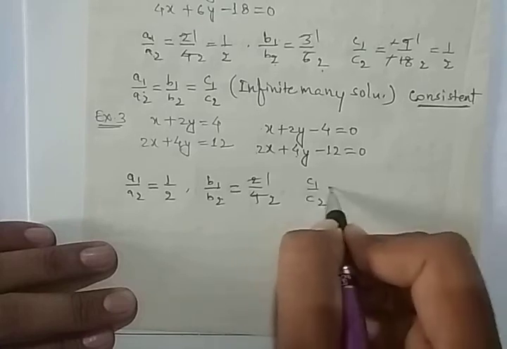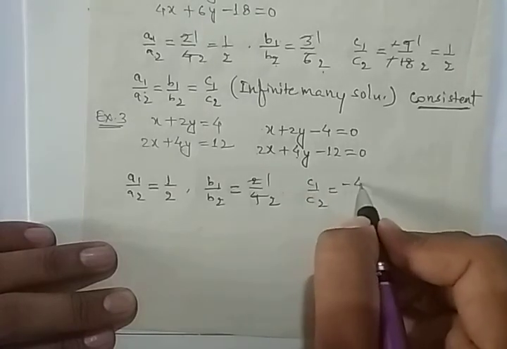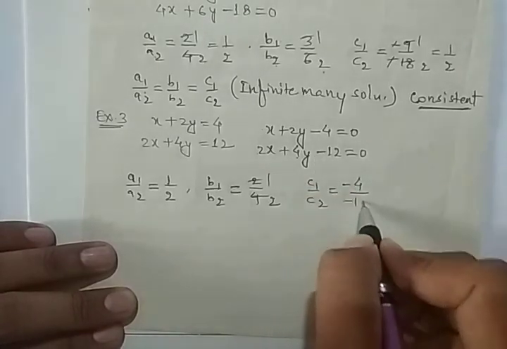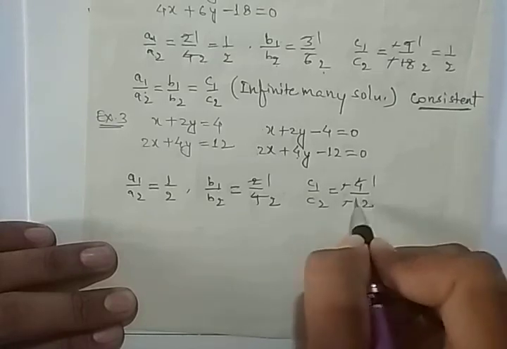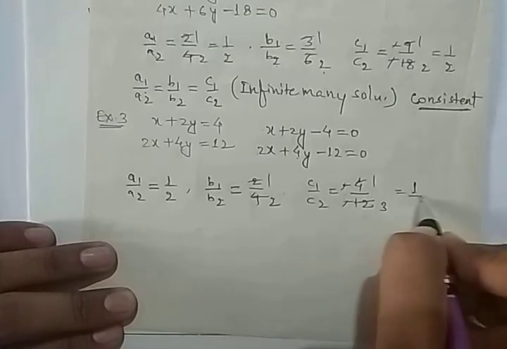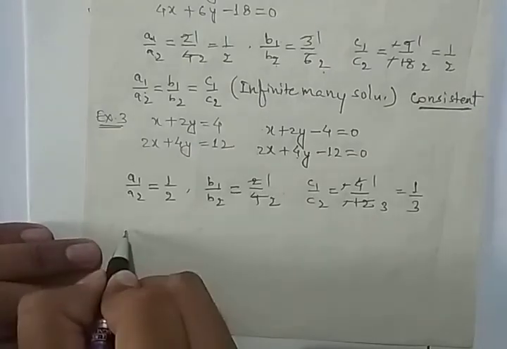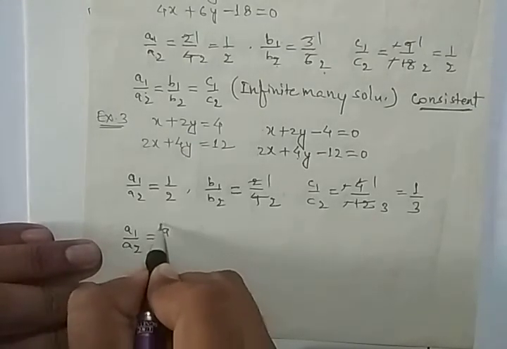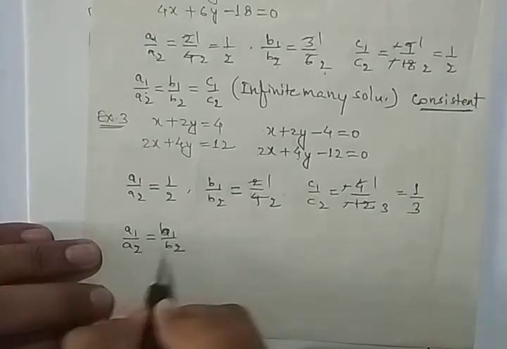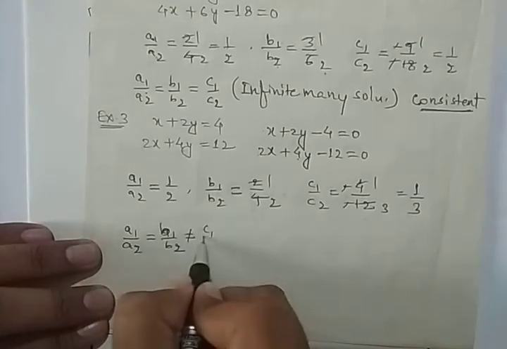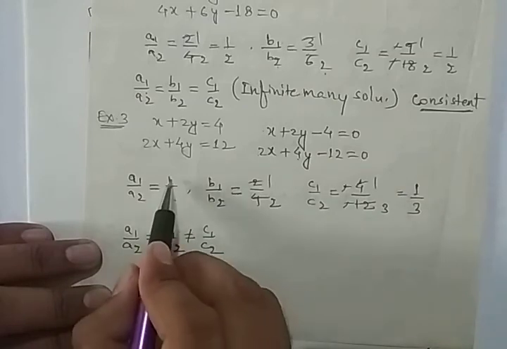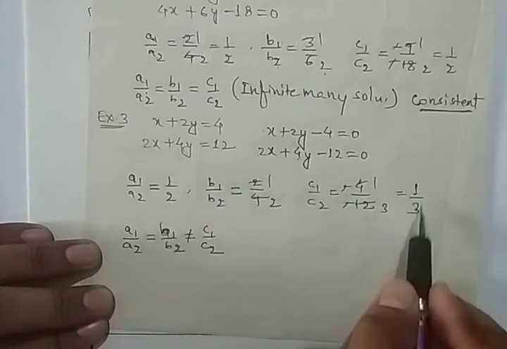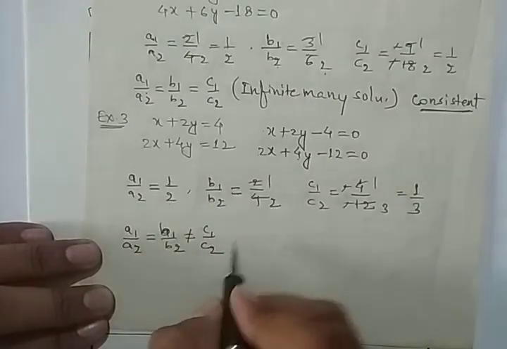And c1 upon c2, minus 4 upon minus 12, minus minus cancel, 4 threes are 12, it means 1 by 3. So you can see that a1 upon a2 is equal to b1 upon b2 but not equal to c1 upon c2, because 1 by 2 is equal, but 1 by 3 is not equal to that.